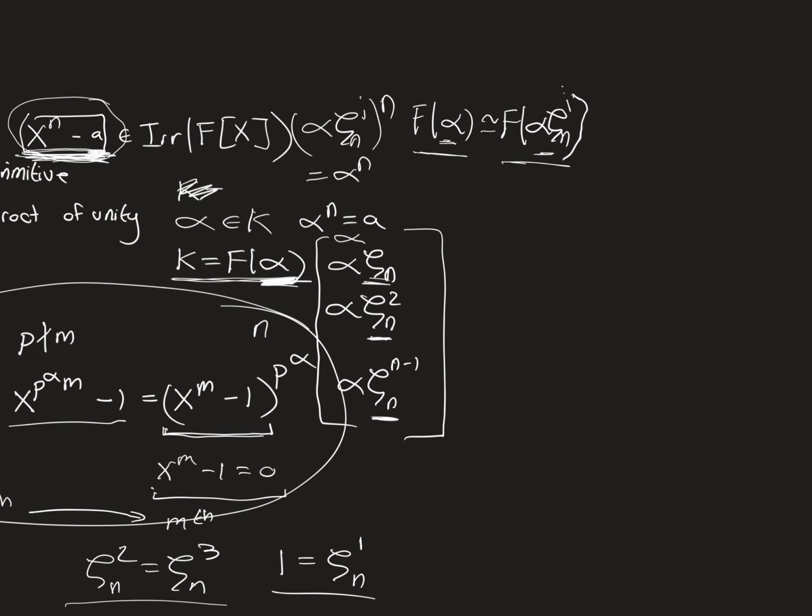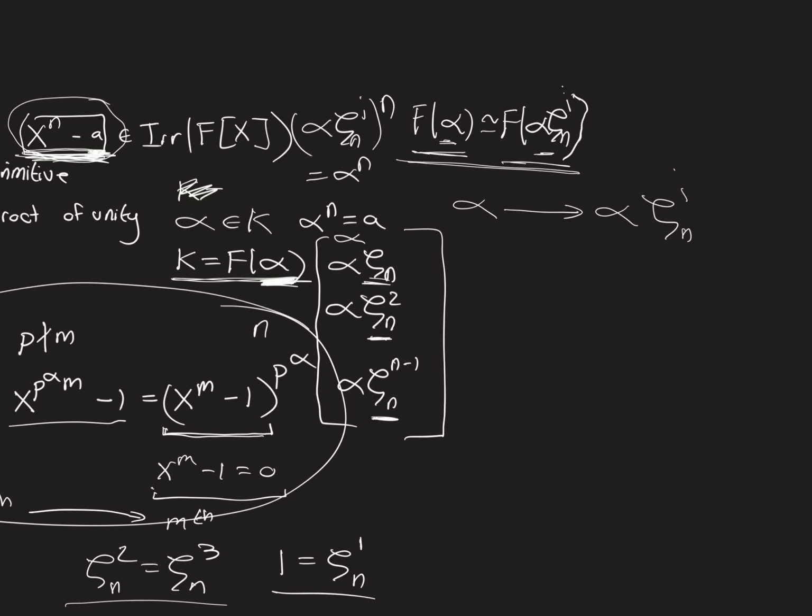What that implies, therefore, is that there is going to be an automorphism of F adjoin alpha where alpha is mapped onto each one of these alpha zeta n to the i, because of the fact that these two fields are isomorphic.